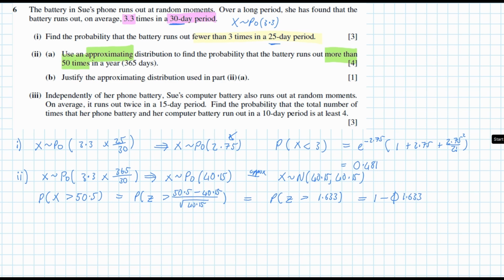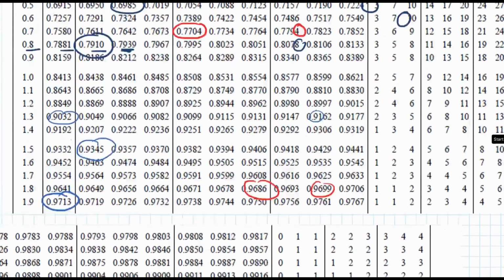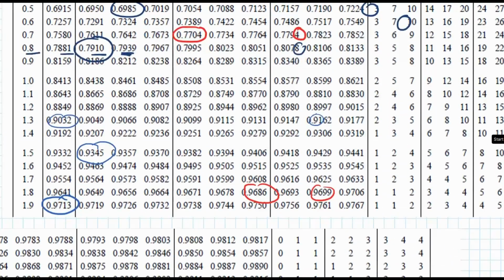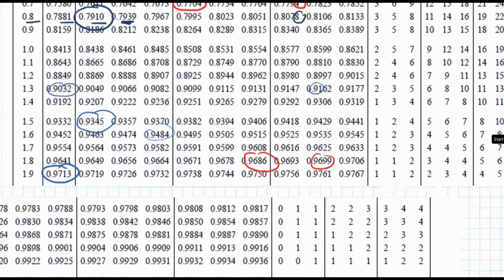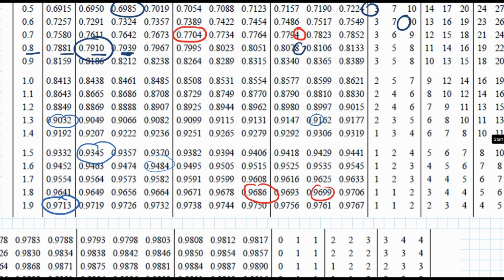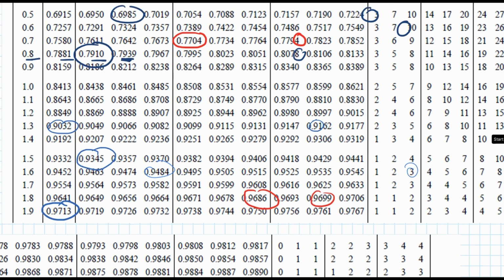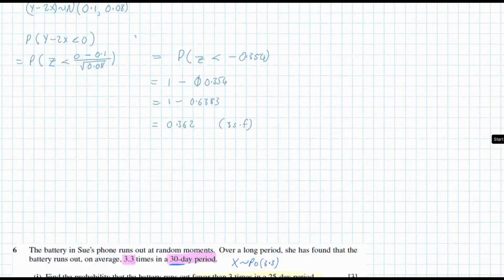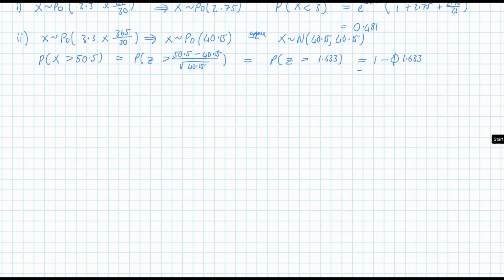Let's have a look. 1.63, and then we add 3 more, which gives 0.9487. So it equals 1 minus 0.9487, which gives us 0.0513.